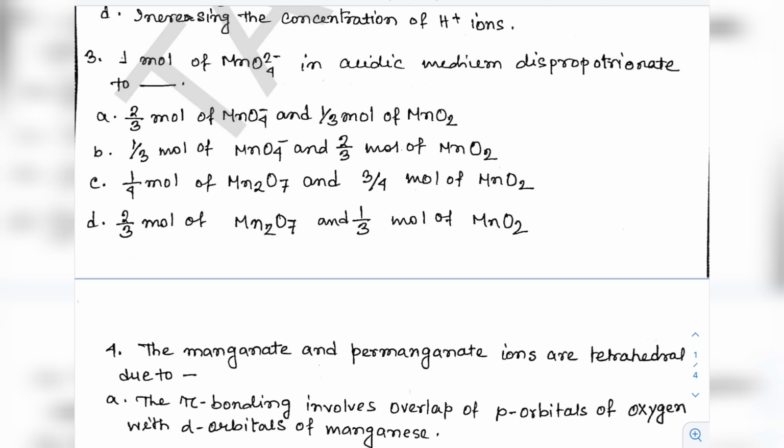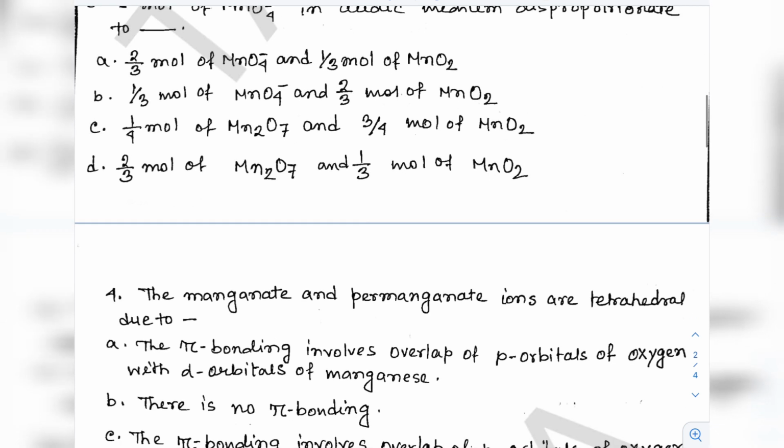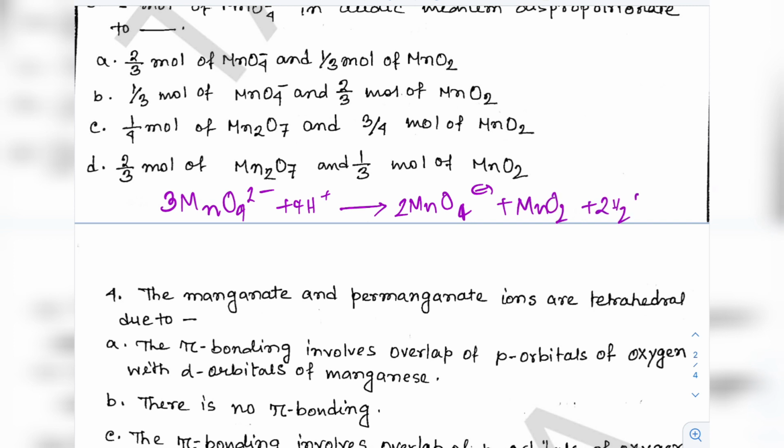We'll move to question 3. 1 mole of MnO4 2 minus in acidic medium disproportionates to. This is a very common reaction mentioned in NCERT. The reaction is like this: 3 MnO4 2 minus reacts with 4H plus to generate 2 MnO4 minus plus MnO2 plus 2H2O.